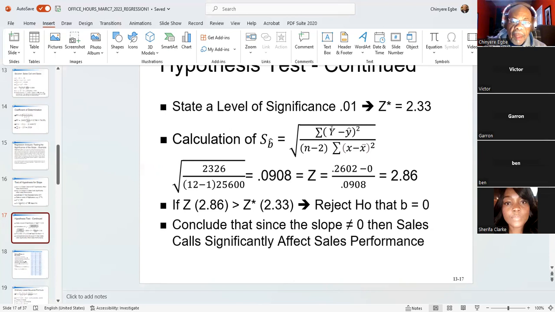The standard error of B hat is based on the summation of Y minus Y hat squared.